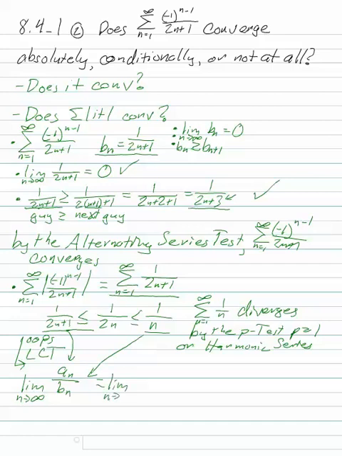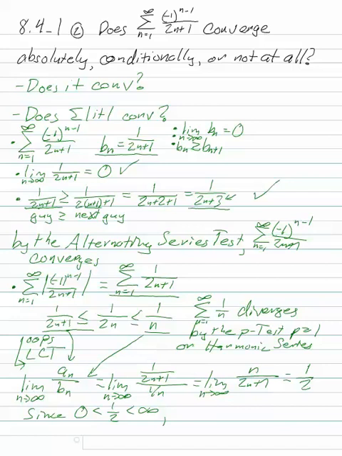This is the limit as n goes to infinity of 1 over 2n plus 1 divided by 1 over n, which is the limit as n goes to infinity of n over 2n plus 1. And we can show in many ways, looking at leading coefficients or anything, this is just 1/2. Since 0 is less than the limit, and it's less than infinity, it's a finite number, the series do the same thing by the limit comparison test.